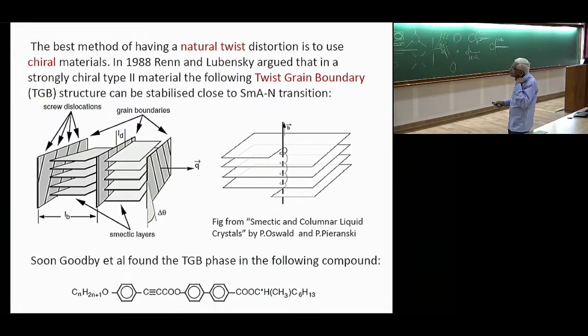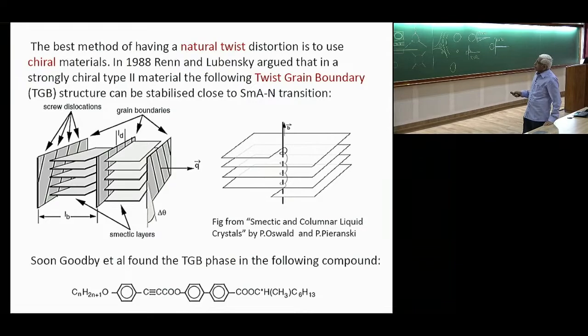See, here these are blocks within which you can define the layering order very well. There is a twist across blocks, across a grain boundary. The grain boundary is made of a set of parallel screw dislocations. Each screw dislocation looks like that.